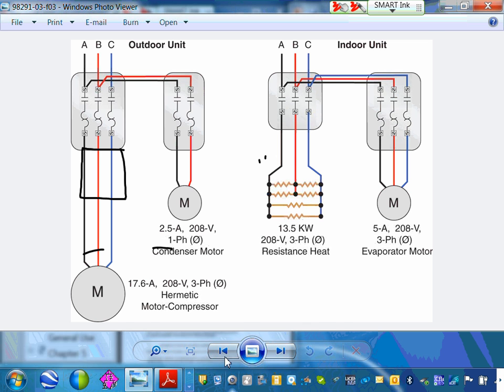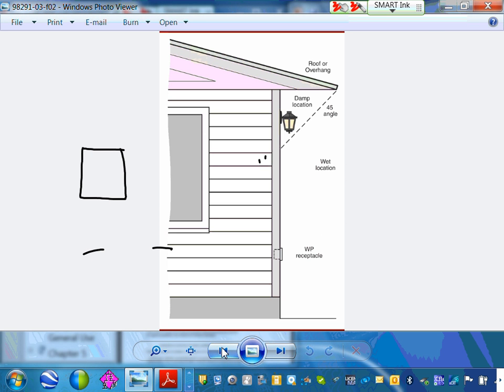Let me just explain one little thing to you guys. You're going to hear all the time about a damp location. This is how they define the damp location. A 45-degree angle. Can you see the 45-degree angle here? A 45-degree angle will create a damp location. Anybody can tell me what the location is right at this point?